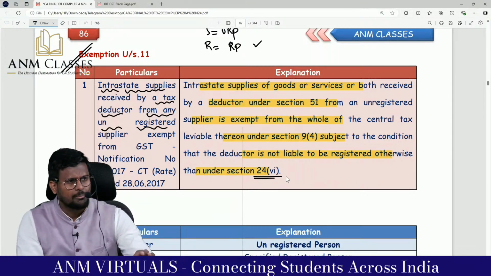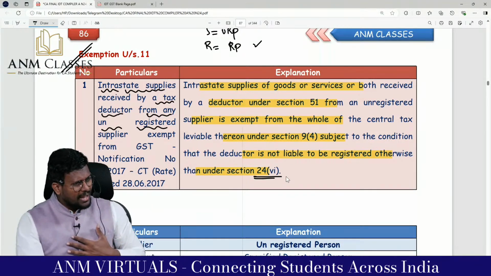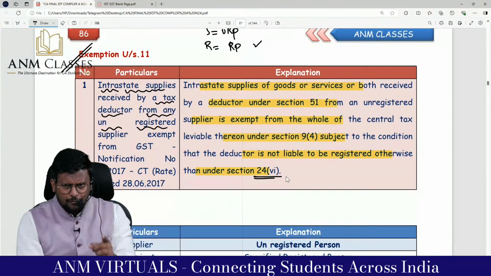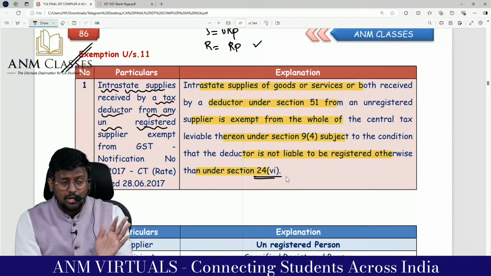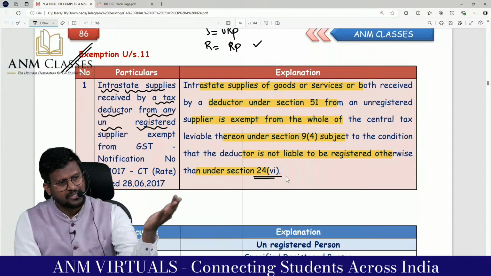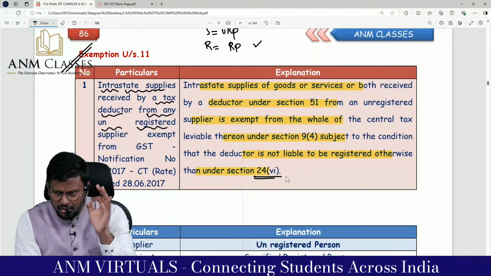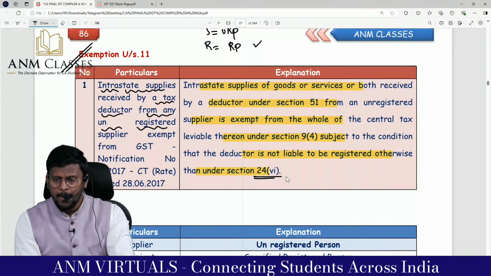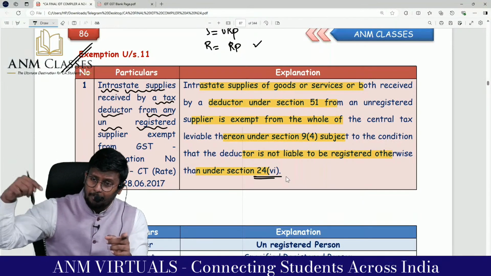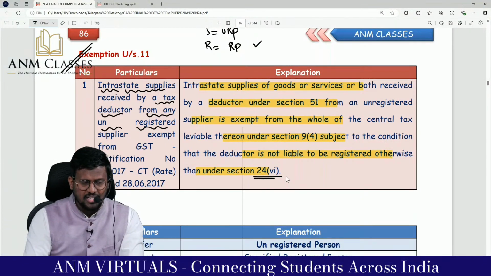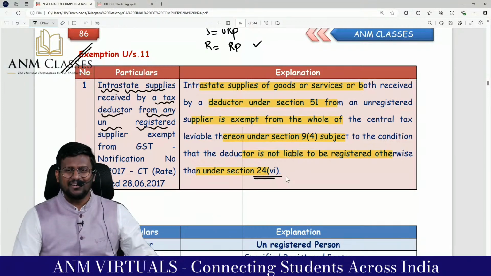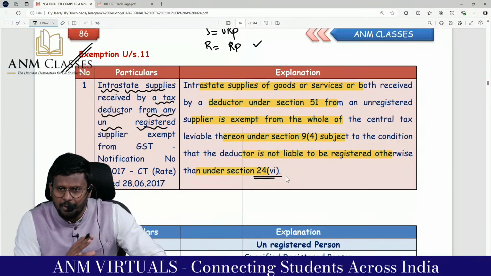Section 24 is compulsory registration. So I am liable to take registration only for the purpose of TDS, and I am not liable for registration for any other purpose under this Act. I have taken registration only for the purpose of TDS, and I am getting supply from an unregistered person. Then for those persons, 9(4) RCM will not be applicable.